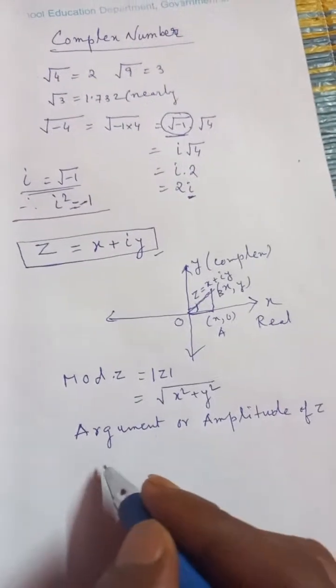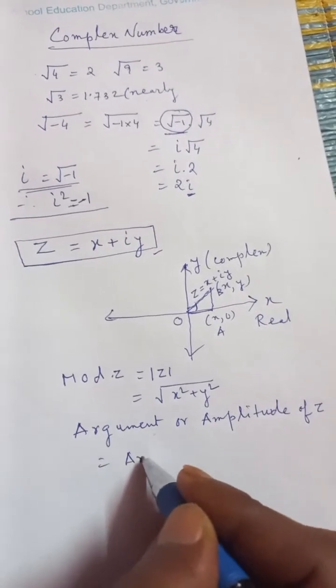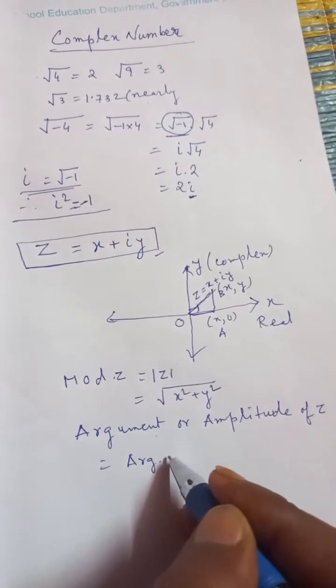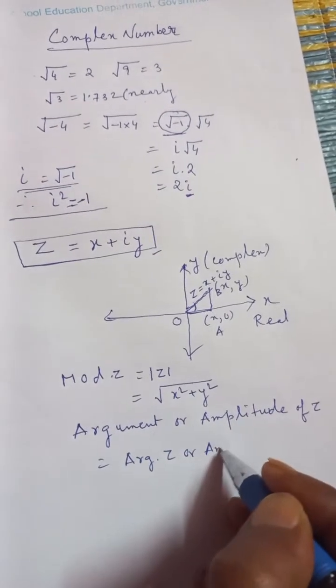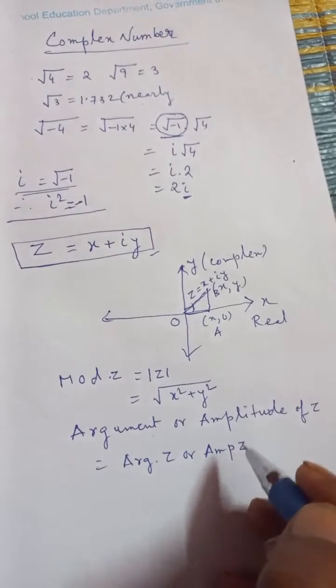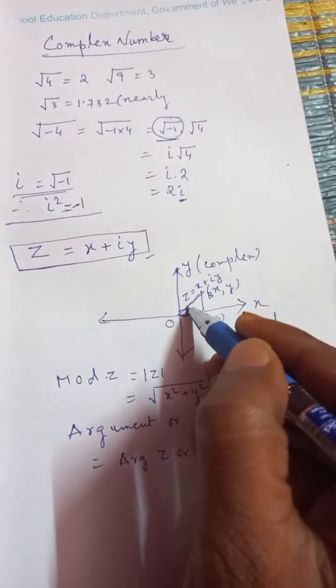In short form, it is written arg z or amp z. So we have to find this angle.